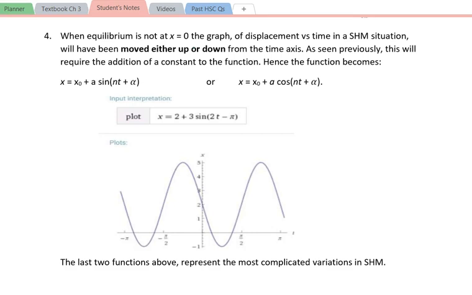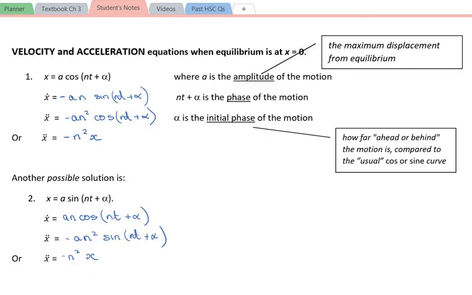Mathematically and graphically, we know that that just means the introduction of a number in this position, which is either going to push our graph up or down. I'm going to stop this video now and talk about the rest of the notes in another video.